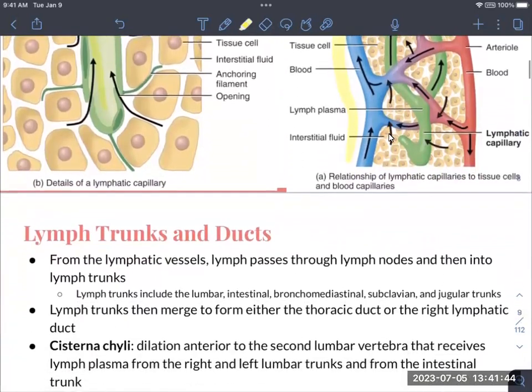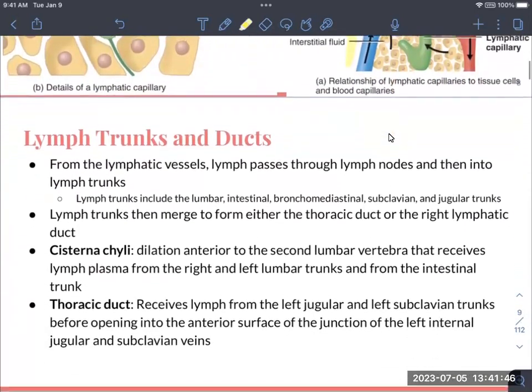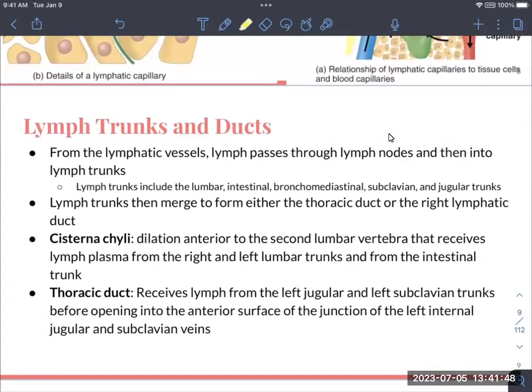So we go from these lymphatic vessels, this lymph, this fluid, it's going to go through different lymph nodes. There's going to be lymph nodes along the path that these different lymphatic vessels are going to follow.